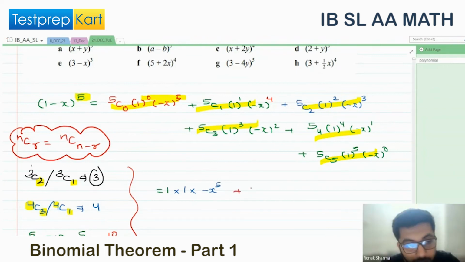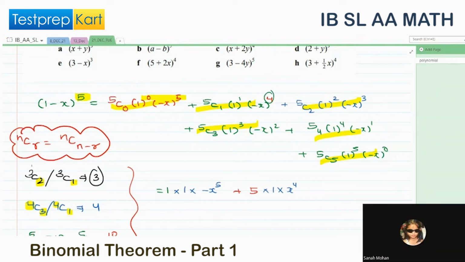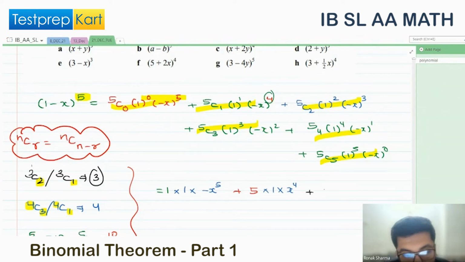Then 5C1 value will be what? 5. Calculate it. Okay, then 1. Then minus x power 4 will be plus x power 4 because even power will absorb the negative sign. Yes or no? Then we have 5C2. 5C2 value is 10. So 10 into 1 square is 1. Minus x cube is minus x cube.